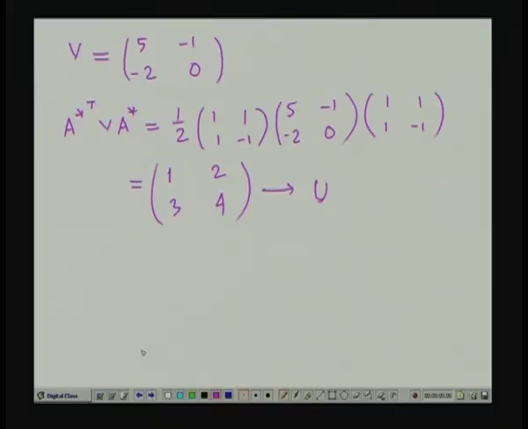Now, let us look further into separable transformations. What we had in our case is U as the original image matrix, and after transformation we get V as the coefficient matrix.